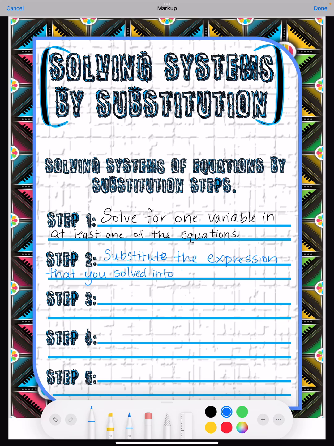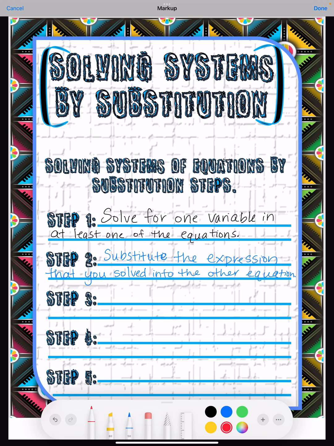Don't put it into the same equation, put it into the other equation. When you do that, you should have one equation with one variable in it because you replaced one of the variables with the other one. And when I have one equation with one variable, I can solve it.